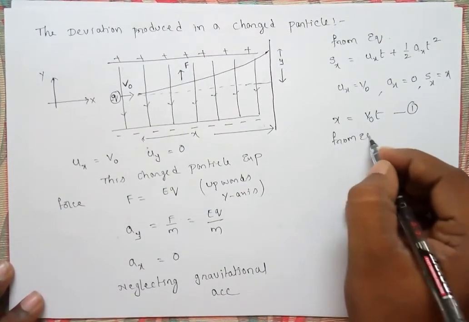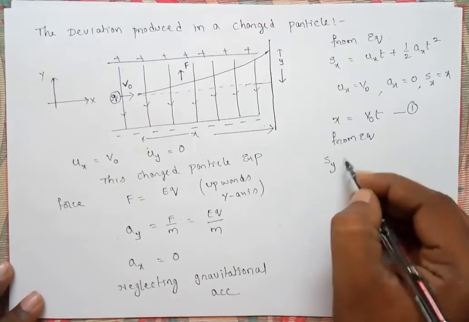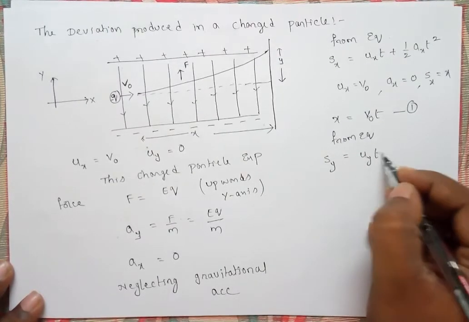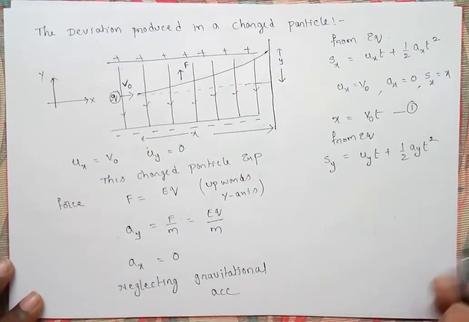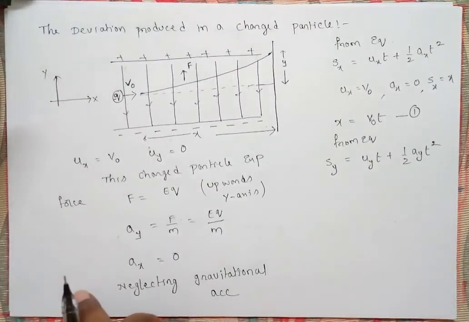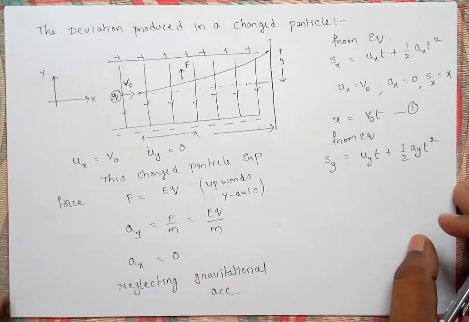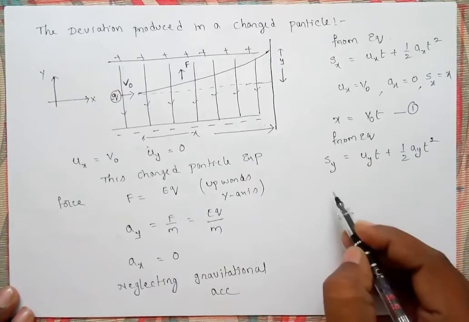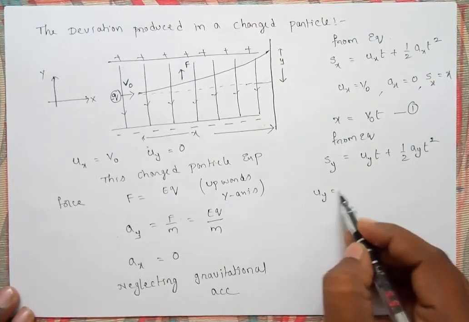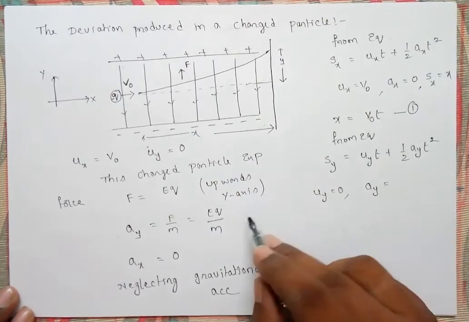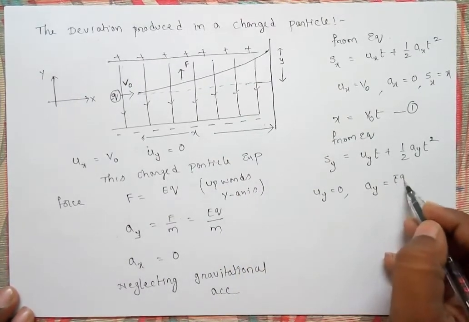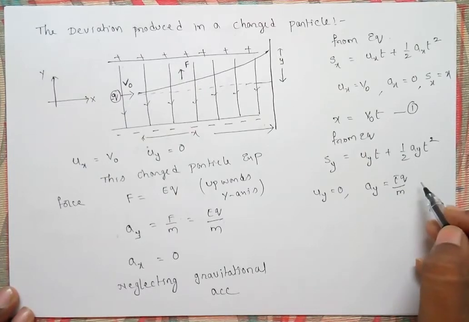Sy equals uy t plus half ay t square. The initial vertical velocity uy is 0, and along the y-axis the acceleration is Eq by m, under time t.